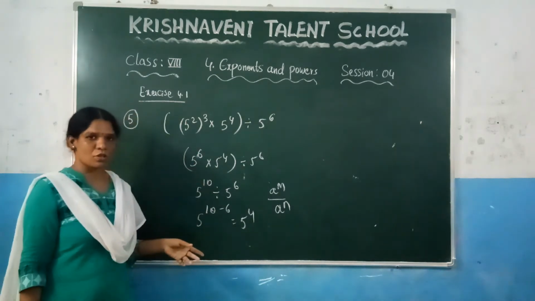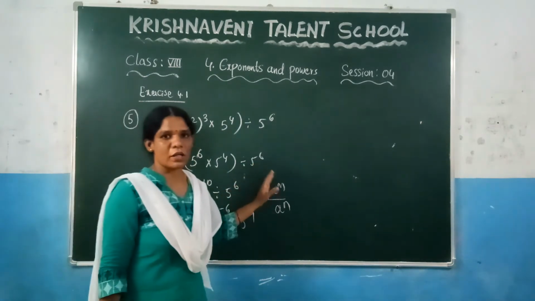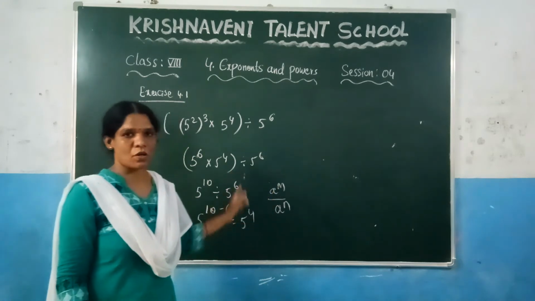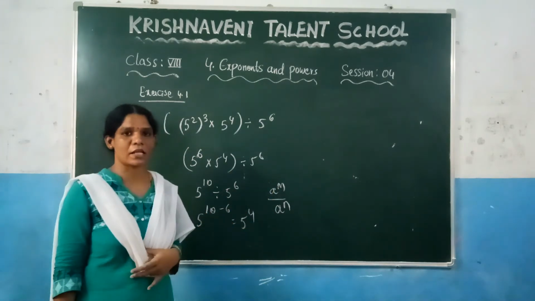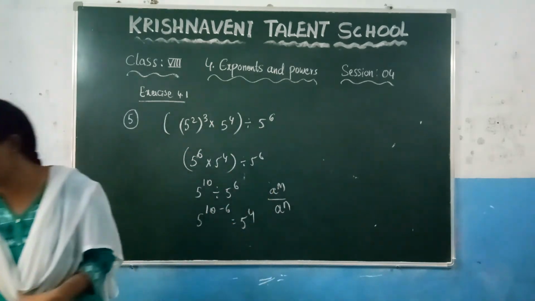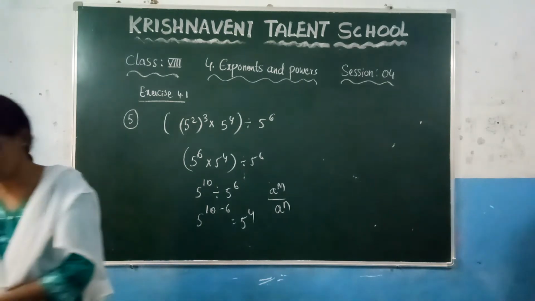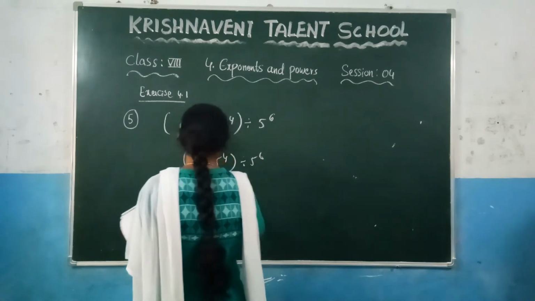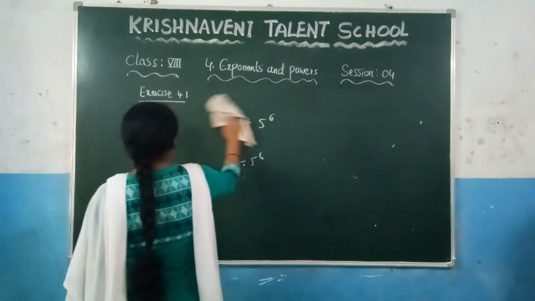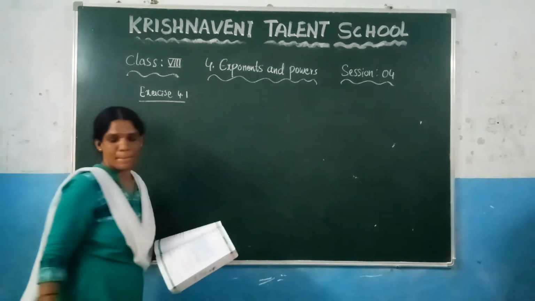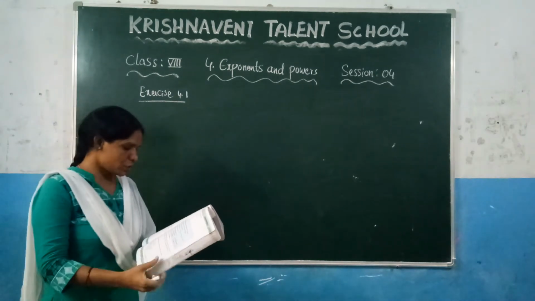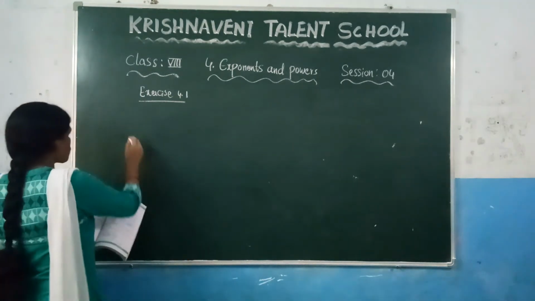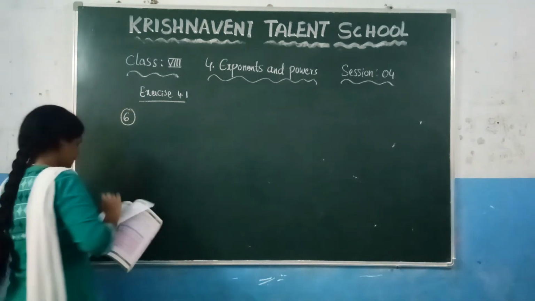So like this you can solve, and write the exponent laws we have applied to solve this problem. This one you can do as homework. Now see the next question. Sixth question.